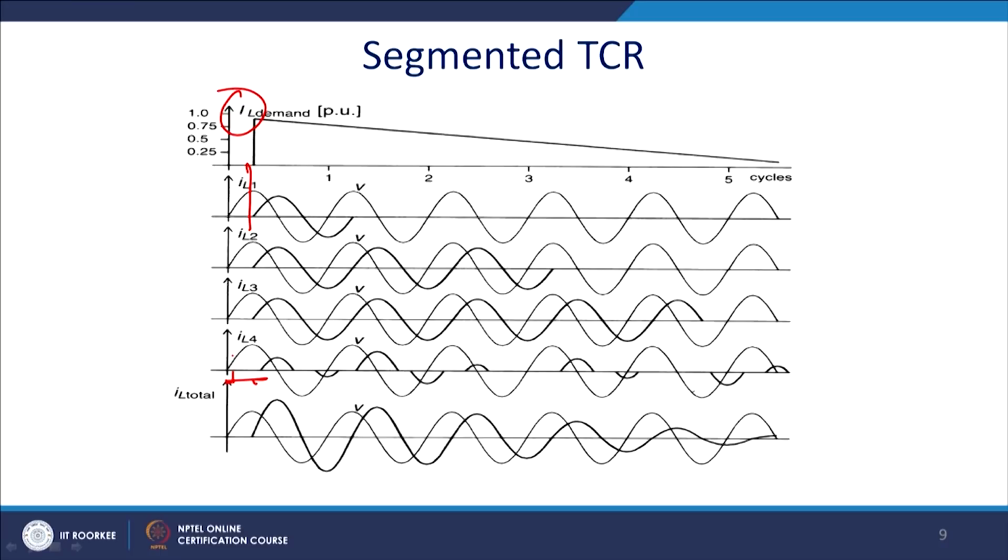So, what happened here, you have operated L1 till this point, thereafter it is off, and you have operated L2 till this point, thereafter it is off, similarly L3 and so on.